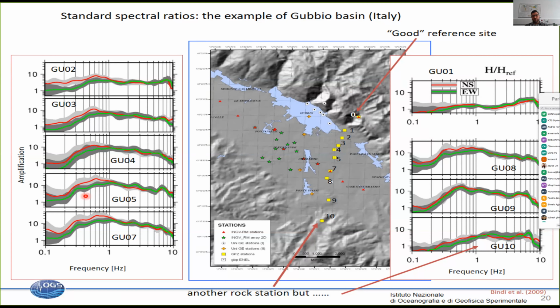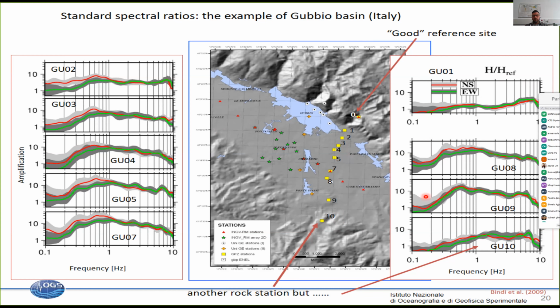But also what is striking is that there is a very large frequency band which is amplified in shaking. So it means the stations here have a strong amplification, not only at the fundamental resonance frequency as we expect, but also over a very wide frequency band.